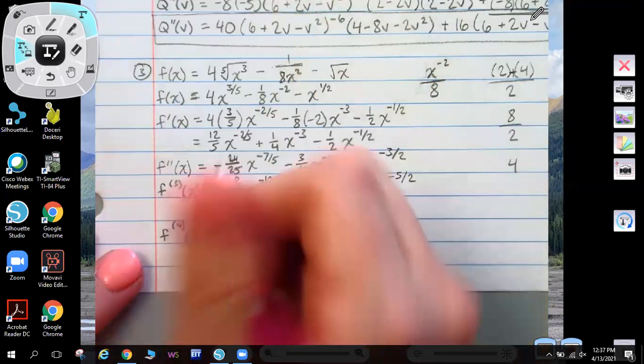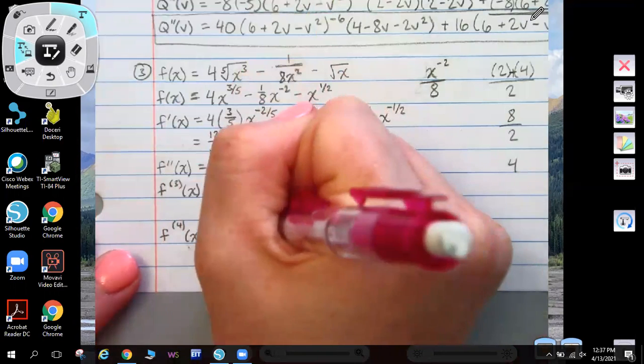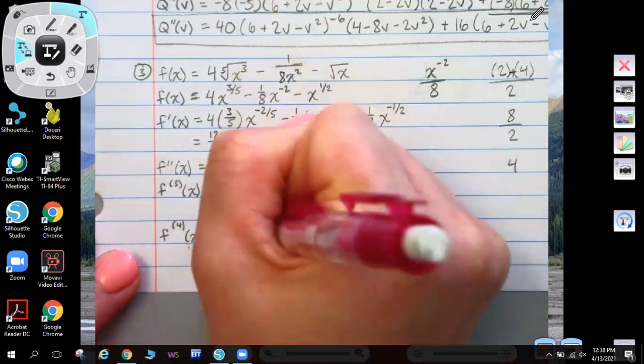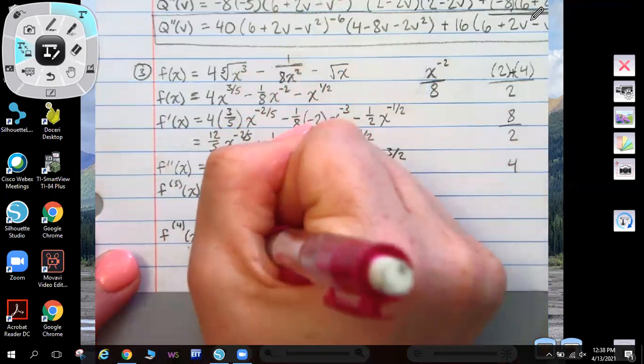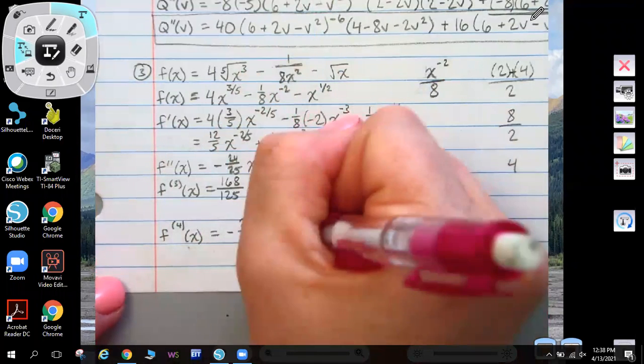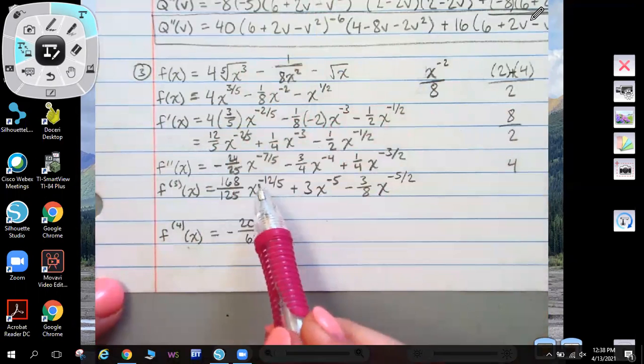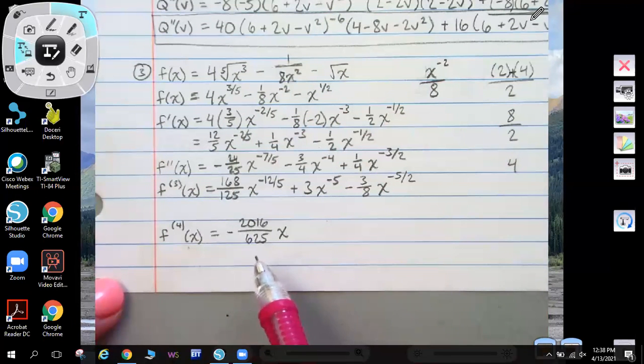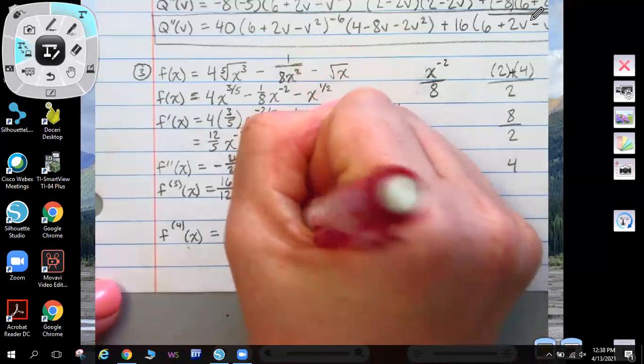And it's negative, so negative 2016 over 625. And our new exponent is -12 over 5 minus 1, which is -17 over 5.